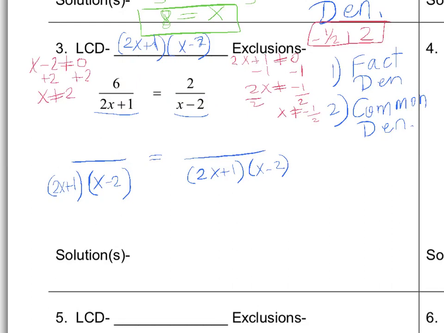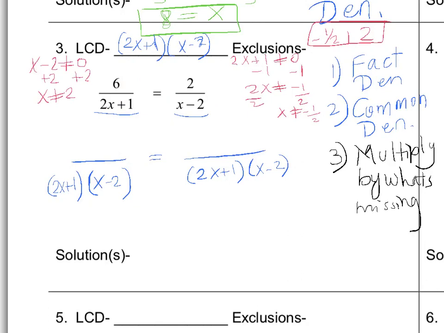Now, we went over 1 and 2, we did the common denominator. Now my third step is to what? Multiply by what's missing. Good job. So let's try to do that. Now compare this to this.